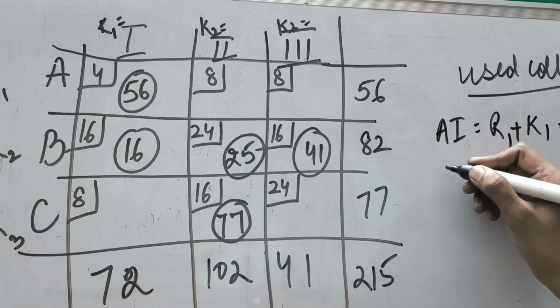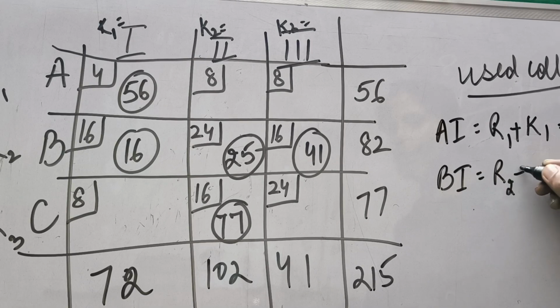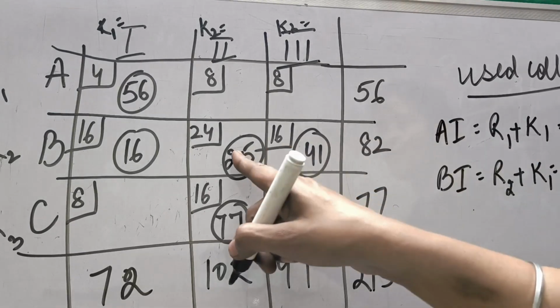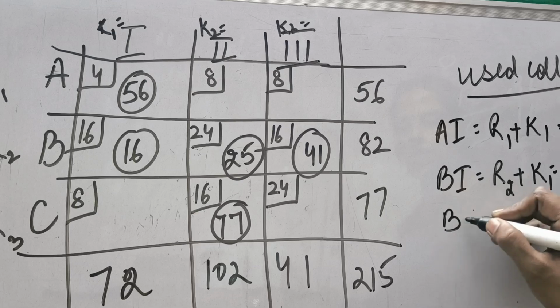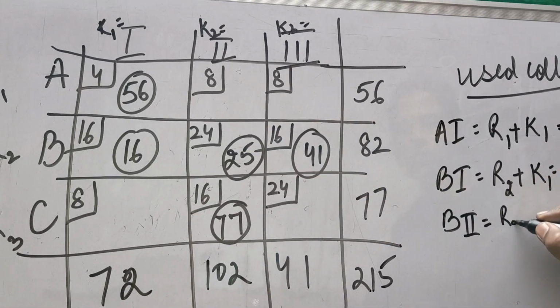The second used cell is this, B1. This has been designed by R2 plus K1 and its value is 16. The third used cell is this, that is B2, and it has been designed by row 2 and column 2. Its transportation cost is 24.